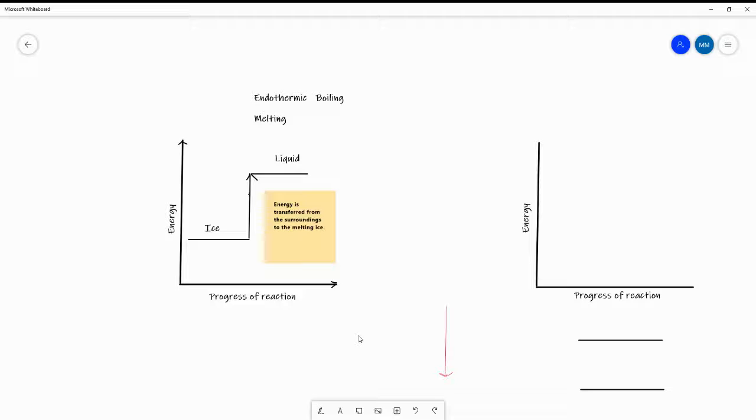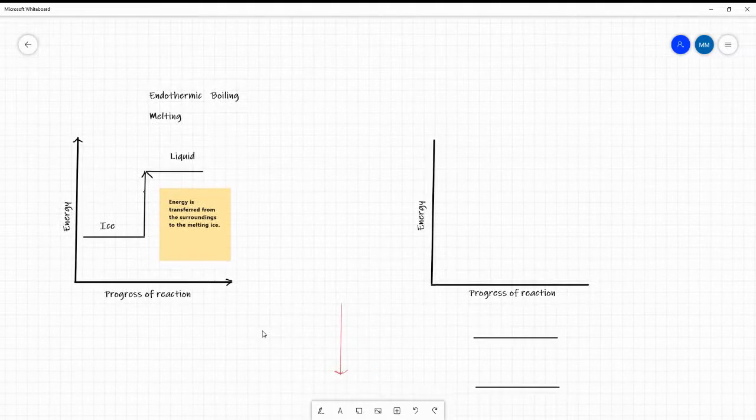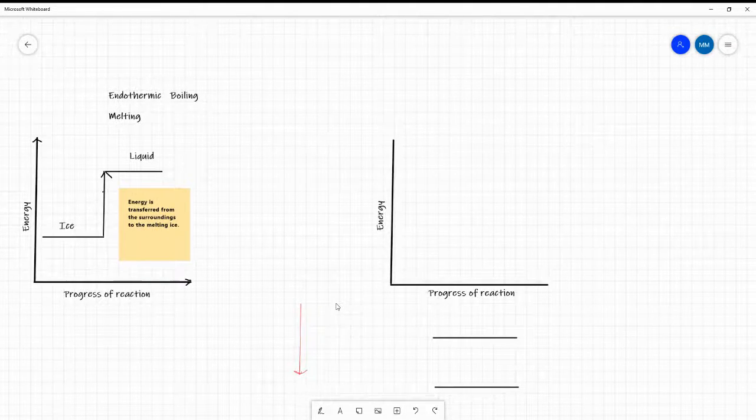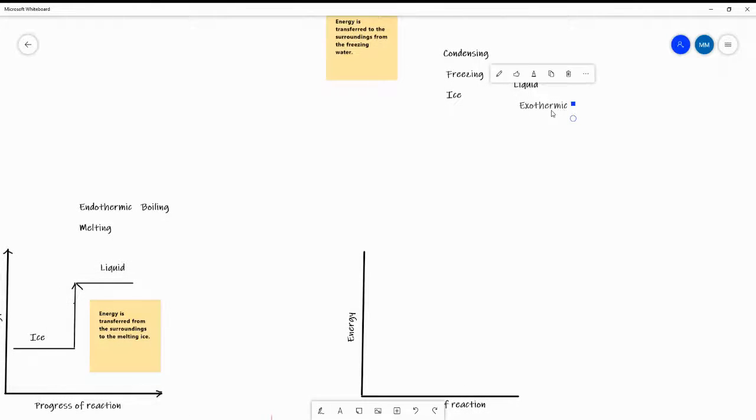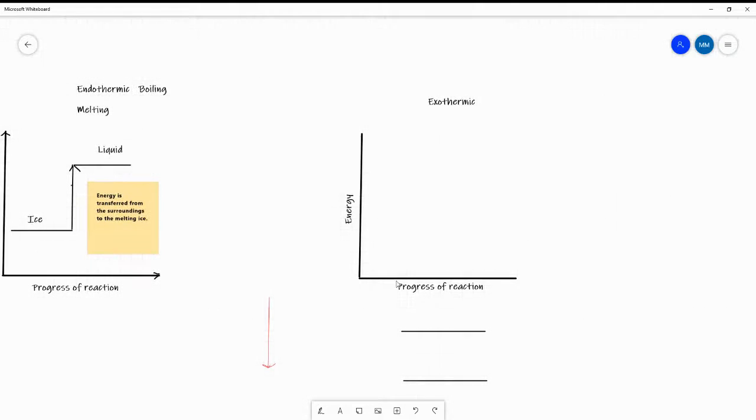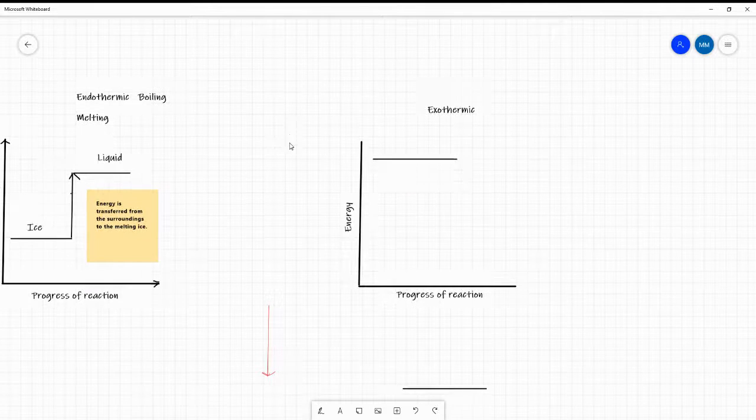Now, if we push on to this one here, we're talking about an exothermic reaction, so it's the opposite, and we're going to go in the opposite direction. We're going to have our liquid, and we could put how much energy it has to start with there.